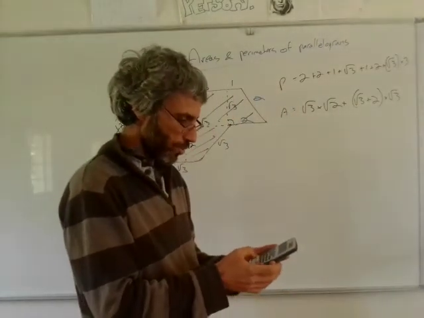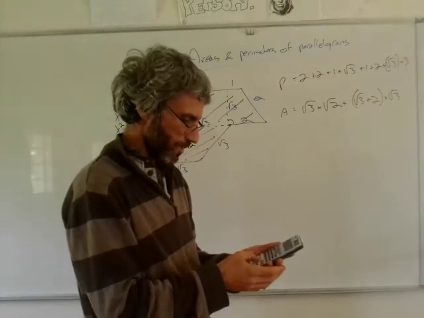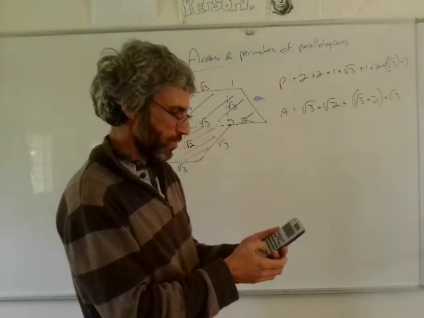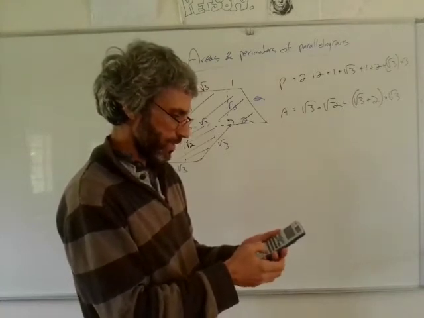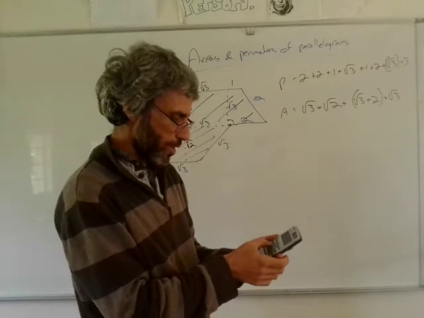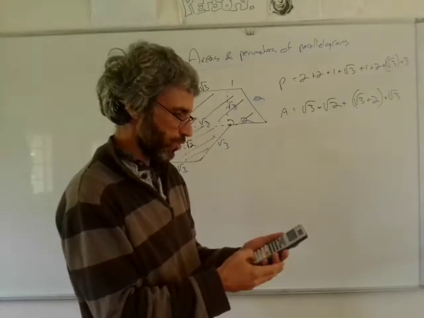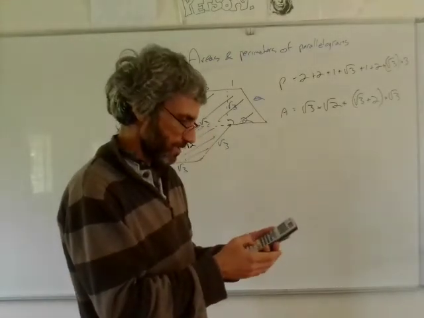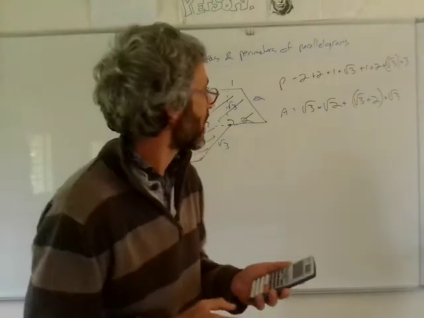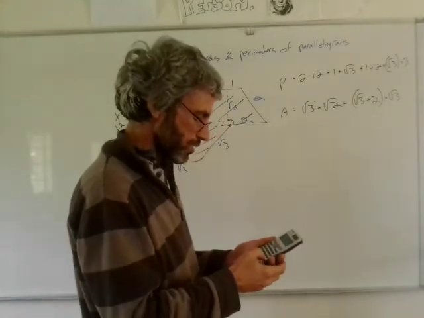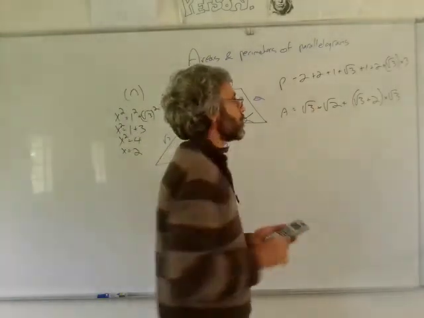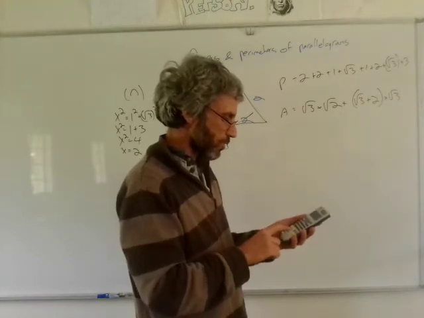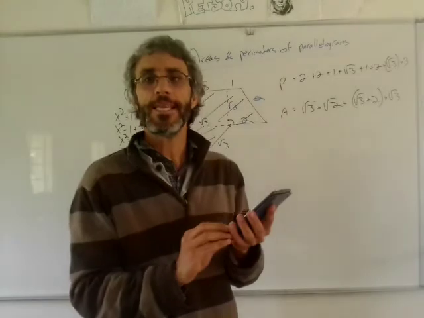So we're going to write square root 3 times square root 2, and we're going to add. This is the tricky bit. I need to make sure I'm not still under the square root sign. So what I will do is square root 3 times square root 2, and then I will press equal.